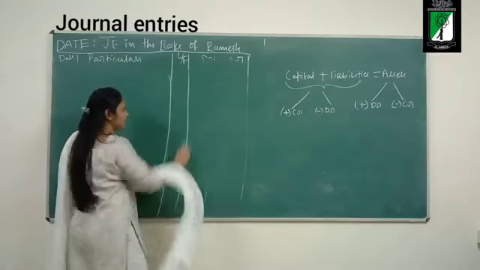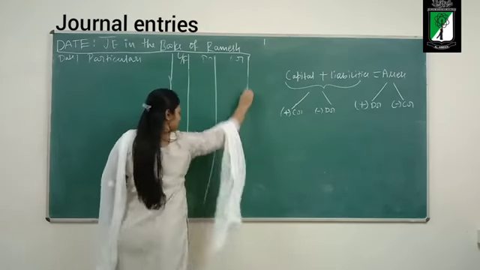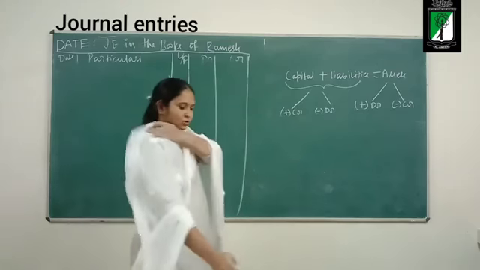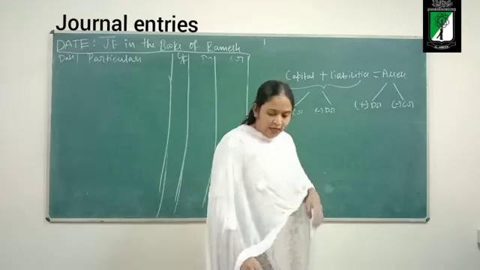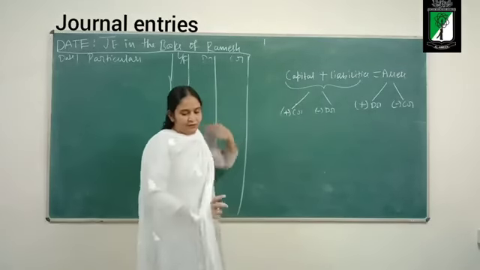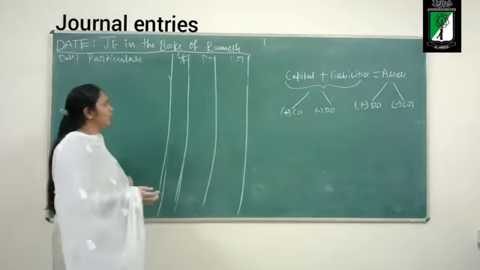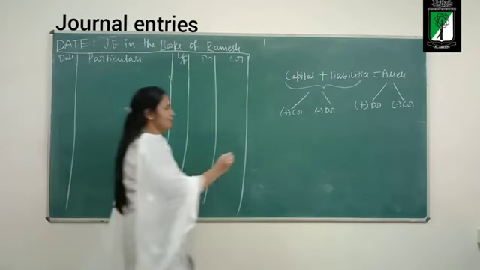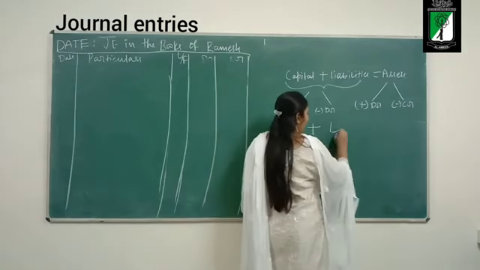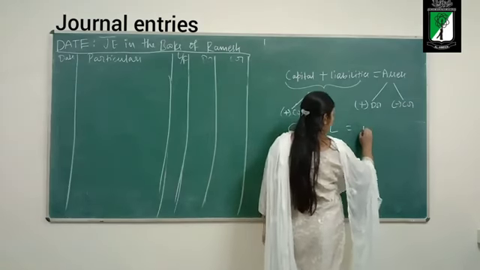The next transaction is again on December 5th: purchase goods from Mohan on credit. The business has purchased goods from Mohan on credit.